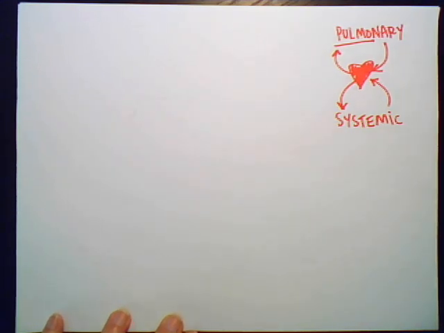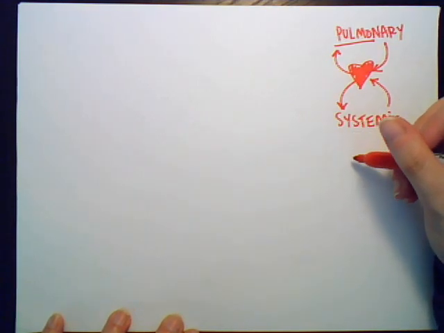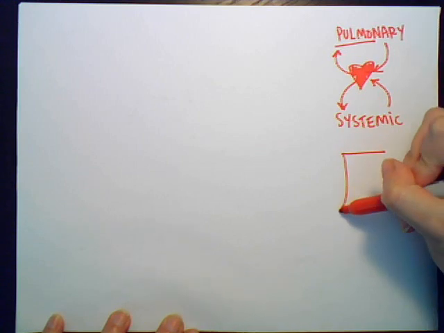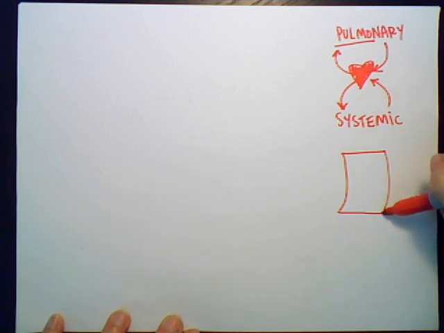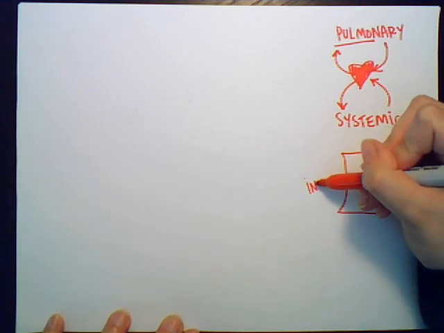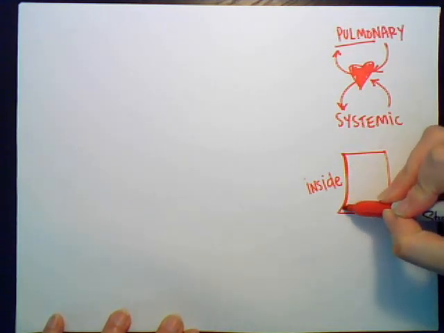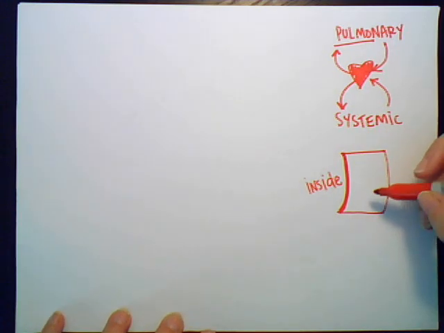So for the histological composition of the heart, let me just draw a layer here. If this is the inside and this is the outside of the heart, basically we're going to have four layers, like that.